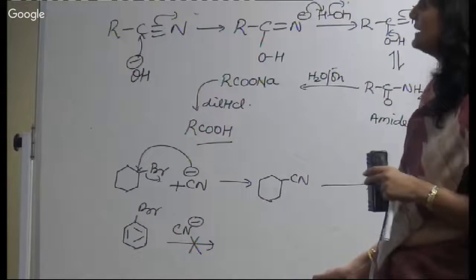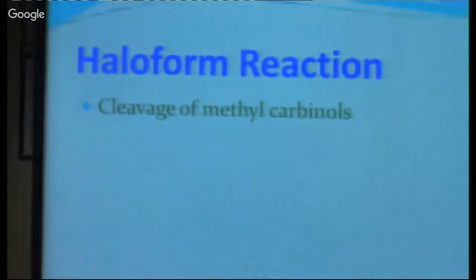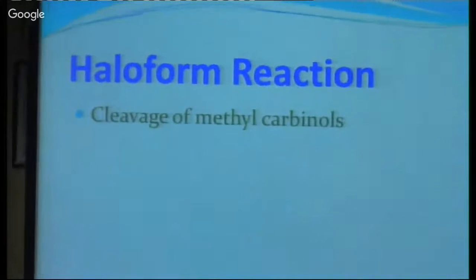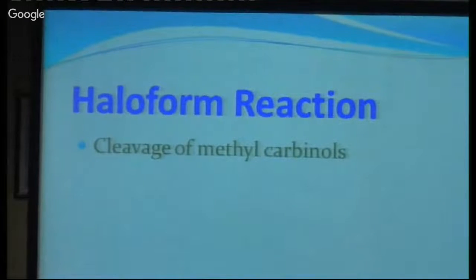Let's go to the next slide. Next is the haloform reaction. The haloform reaction we have done in the last class. If you recollect, it is a reaction for methyl ketones, compounds which have a CH3CO group.